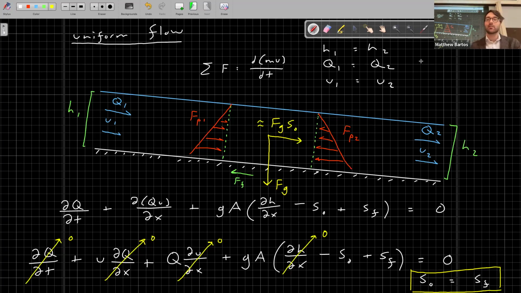So let's write that down. We have that the gravitational force is exactly balanced by the frictional force.